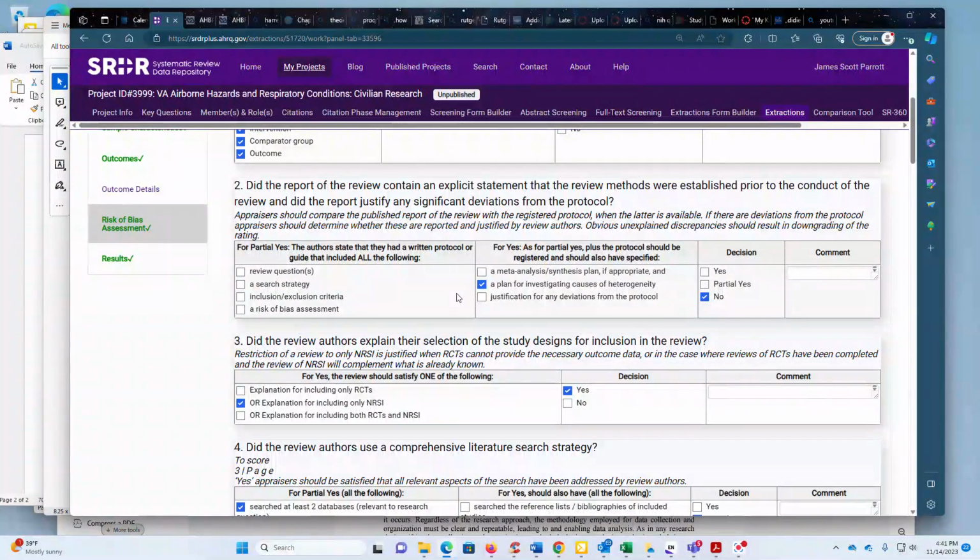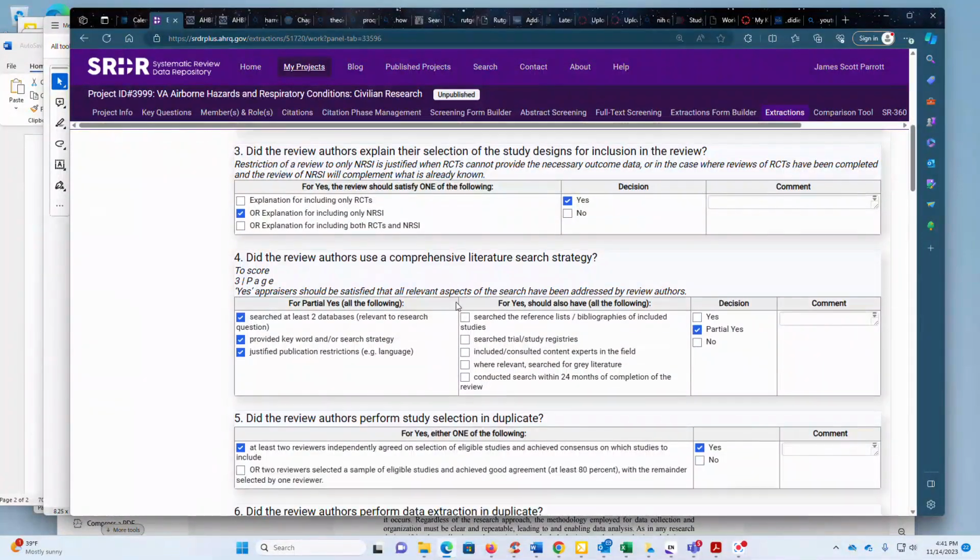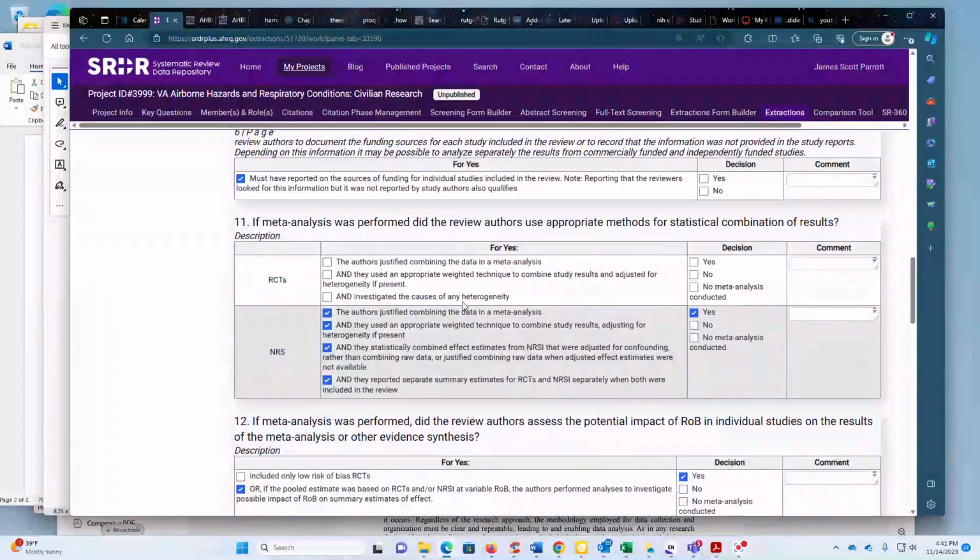Well, in this case, a protocol should be registered, and it was, but they should also have specified a plan for investigating causes of heterogeneity. But they didn't really give us a meta-analysis synthesis plan or really justify any deviations. So again, there were some things that they were missing. And so you would walk down all the way through this.